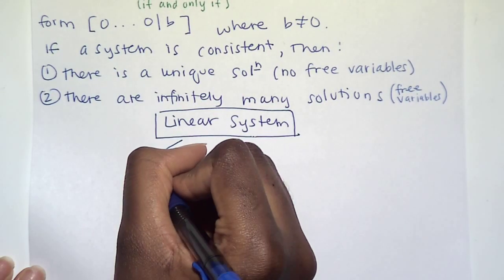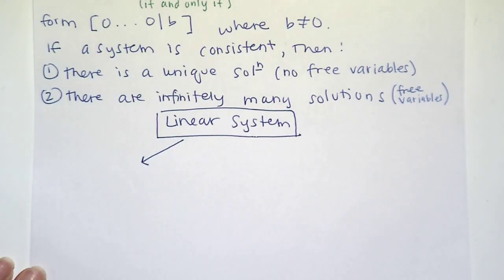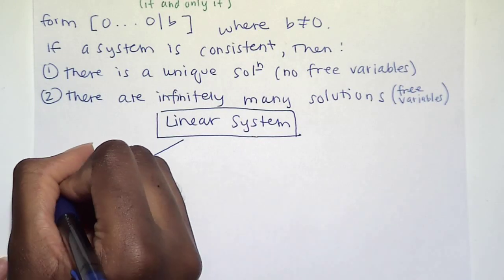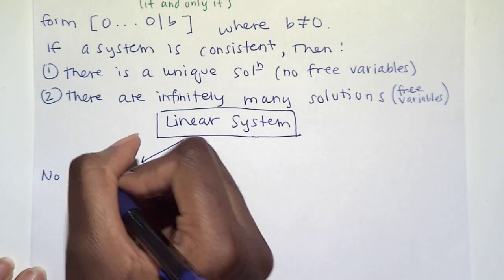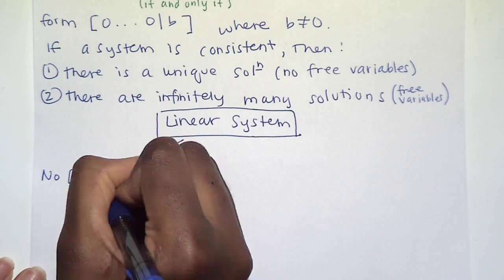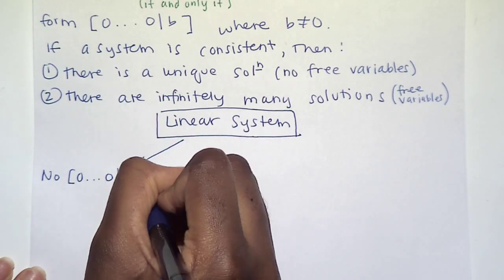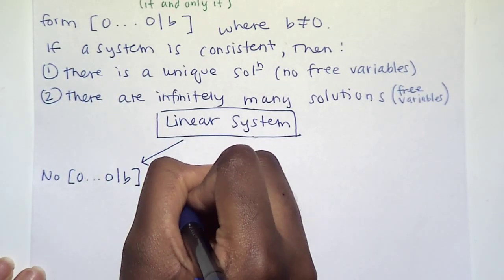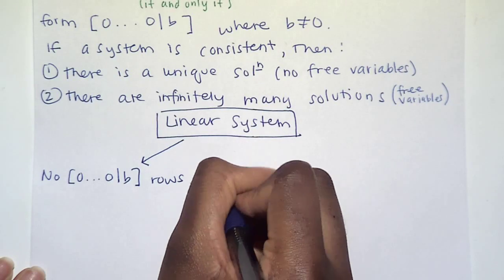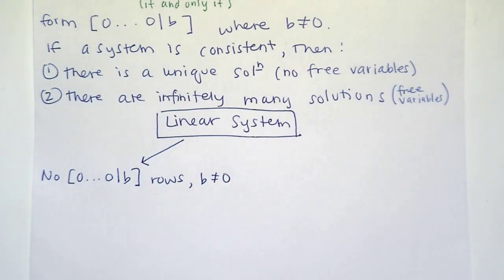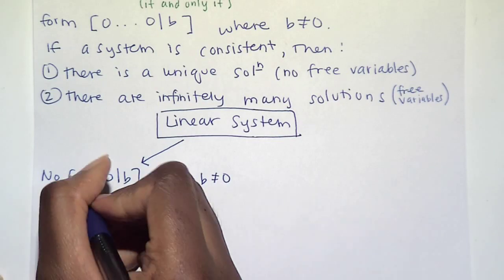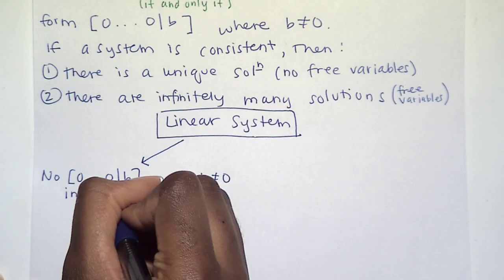So what our theorem says, all right, one option is that we have no rows that look like this. Okay, so we look at our augmented matrix, we don't have any rows that has zeros on one side, a number that's not zero on the other side when we are in REF.